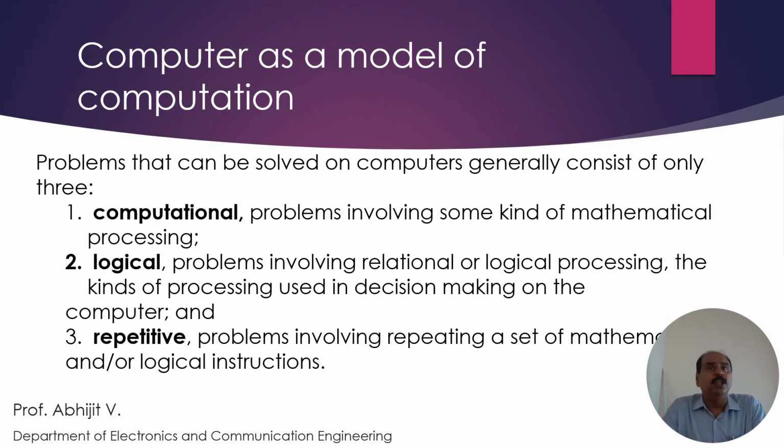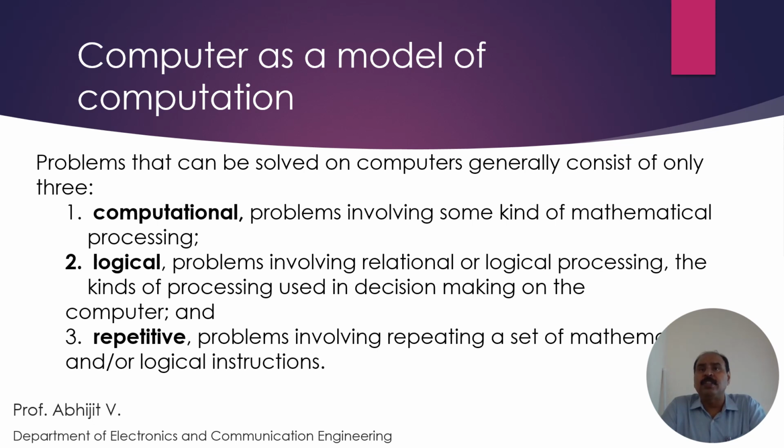But for the time being, you need to understand that we need to use computer as a model for problem solving in most cases, in these 3 domains. First one for computational, second one for logical, and third one for a process that is going to be repeated n number of times.